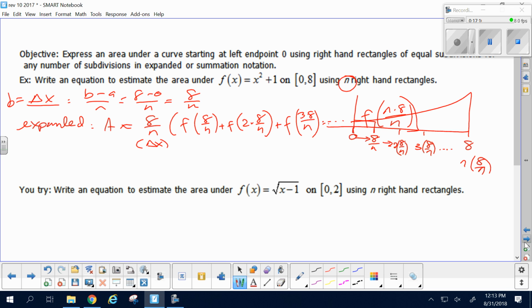All right then. If you go to write this in summation notation, you want to identify the counter. The counter is right here. How many 8 over n's? You have 1, 2, 3, n.